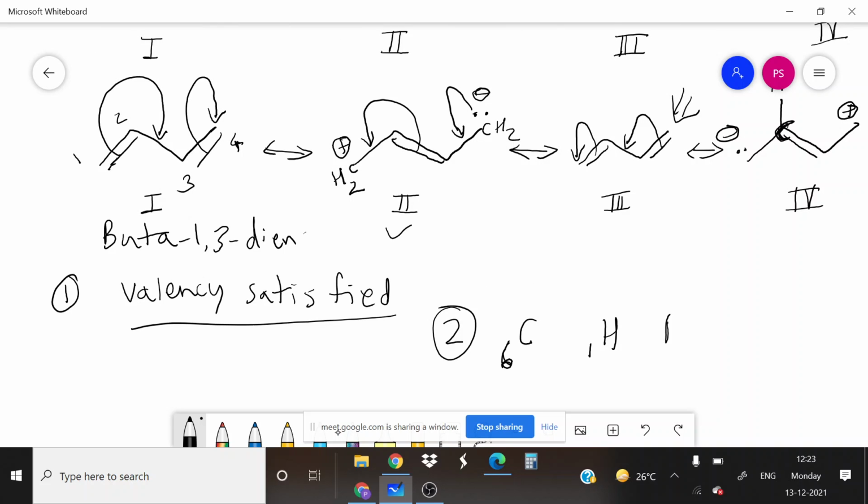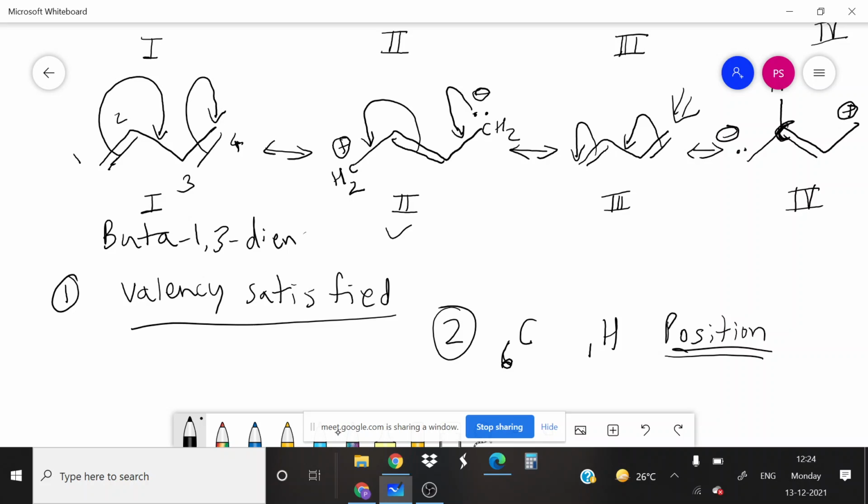The only difference in all these structures is the difference in loosely held electrons, the difference in arrangement of loosely held electrons. Okay, you can see the pi bonds are shifted, positive charges are there, lone pairs are there. But the total number of electrons is the same, only their arrangement is different.